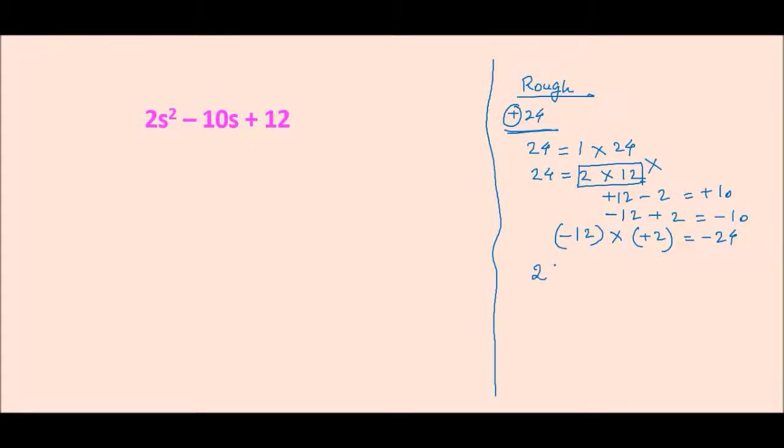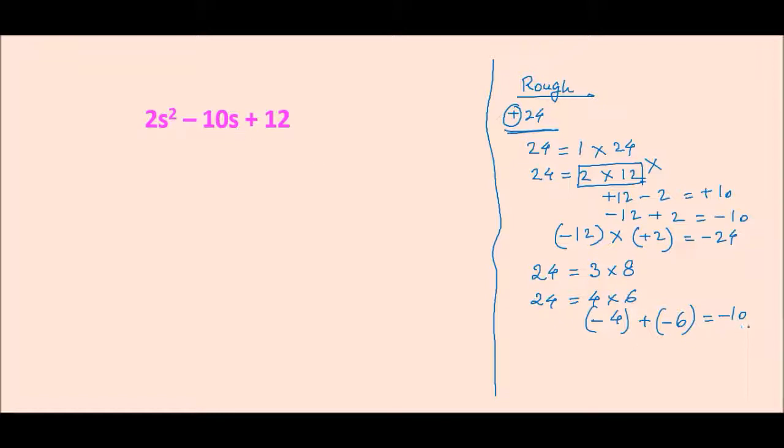So we will be continuing. 24 is divisible by 3, so it is 3 times 8, and 3 plus 8 is 11, and 8 minus 3 is 5, so we do not get 10. 24 is divisible by 4 as well, so 4 times 6 is 24, and 6 plus 4 is 10. Therefore, minus 4 plus minus 6 will be minus 10, which is our coefficient of the middle term.